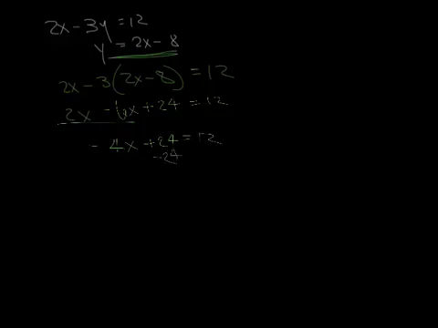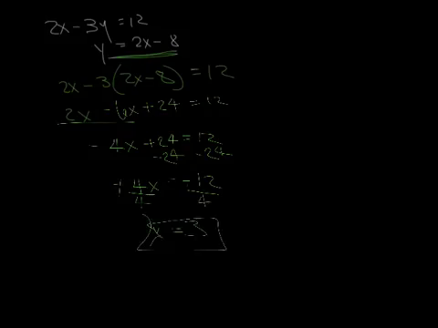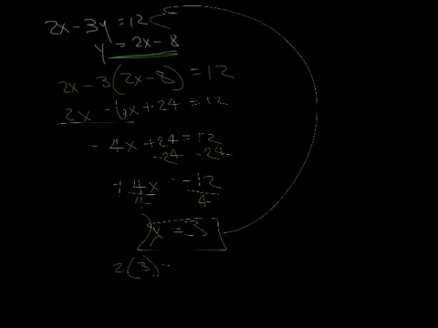So let's add those. Subtract 24. Negative 4x equals negative 12. And because they're both negative, we can just change them to positive. And x equals 3. And then we take our 3 back up into one of those other equations. 6 minus 3y equals 12.